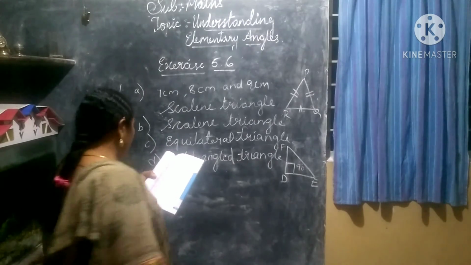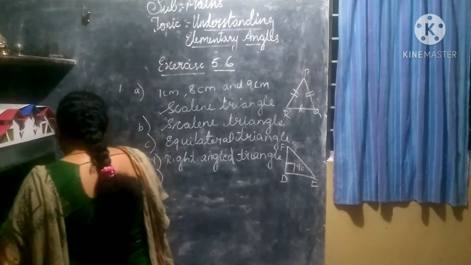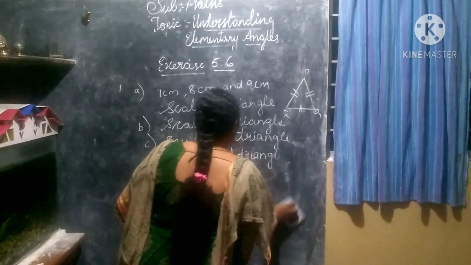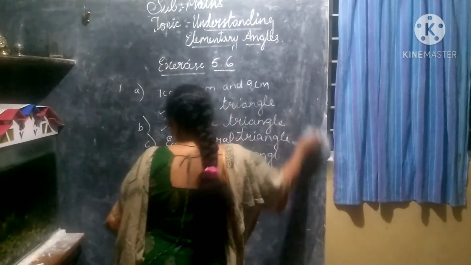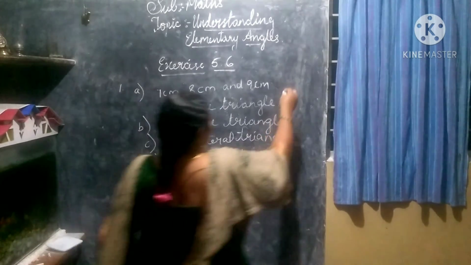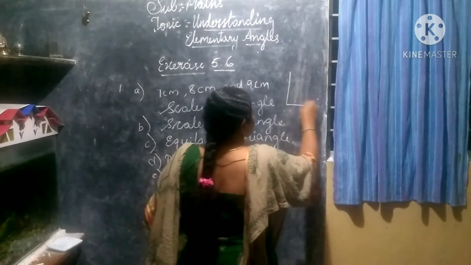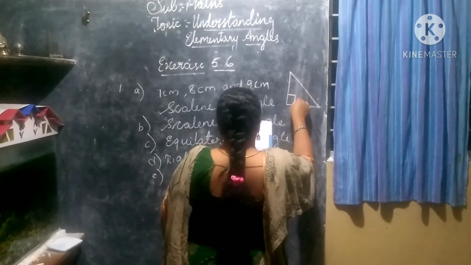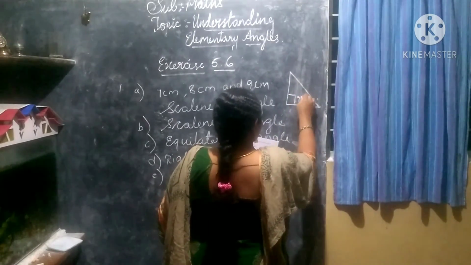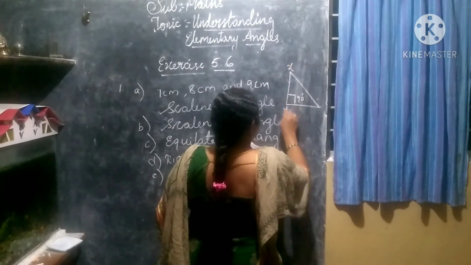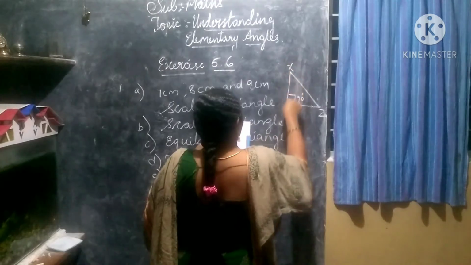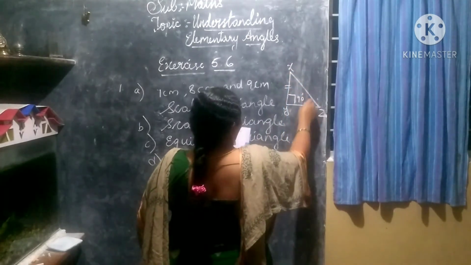E, triangle XYZ with measure of angle Y 90 degrees and XY equal to YZ. Here you can give two different names for the given triangle. Y is 90 degrees and XY is equal to YZ.